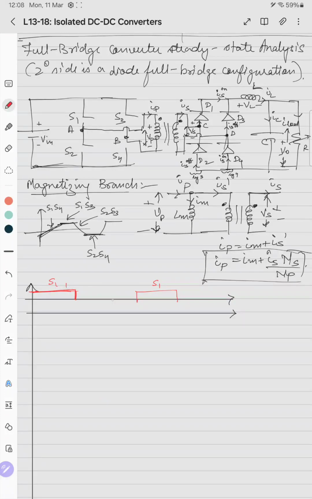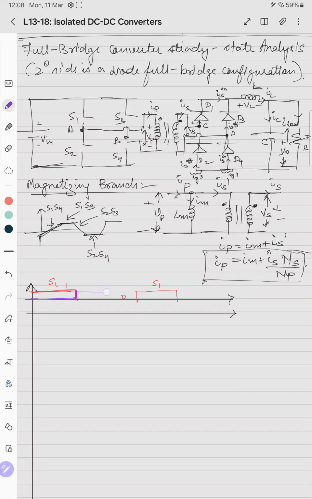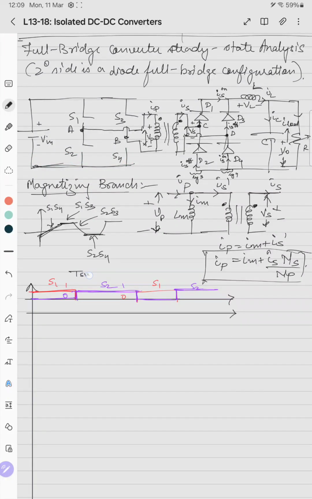S1, 1, 0, and S2 will be like this. S2, 1, 0. So this is T switching.